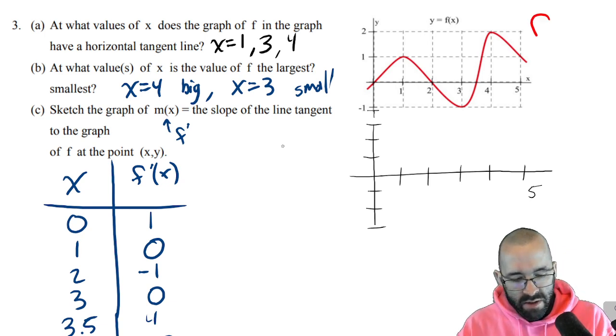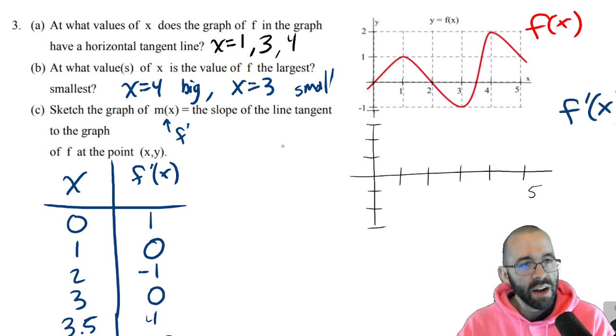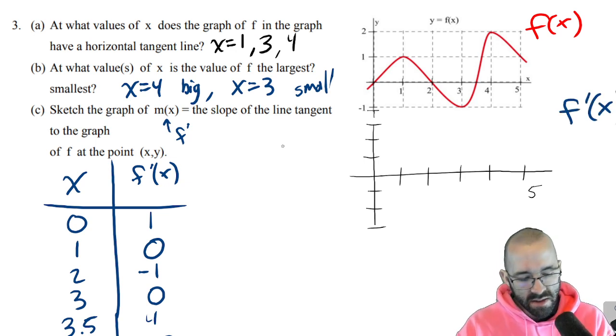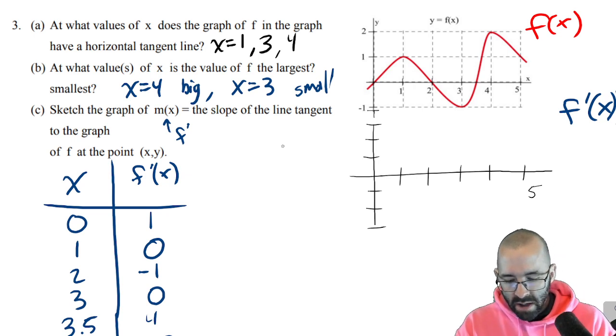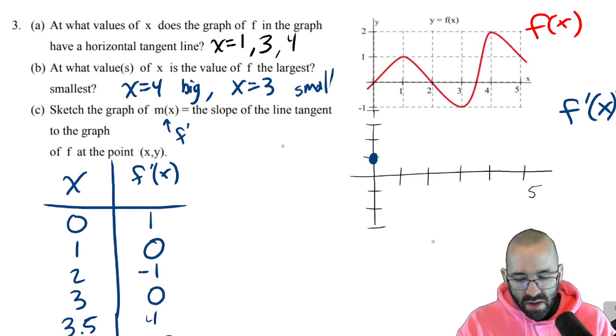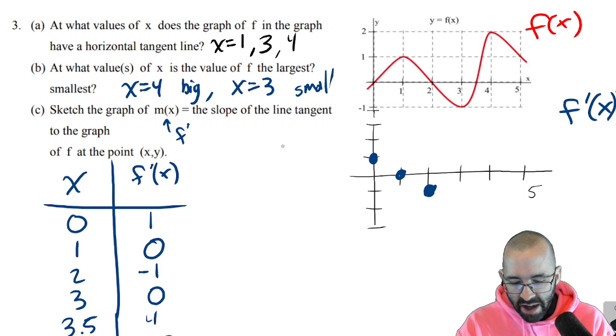Again, the red graph is f of x, and the blue graph will be the slope of the red graph, f prime of x. So, when x is 0, our slope is 1. When x is 1, our slope is 0. And then we just keep copying the values from the table. When x is 3.5, our slope was 4. When x was 4, our slope was 0 again. And at 5 it's back to -1.